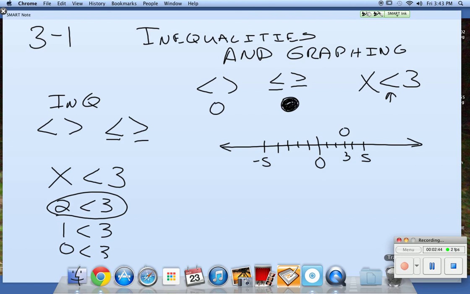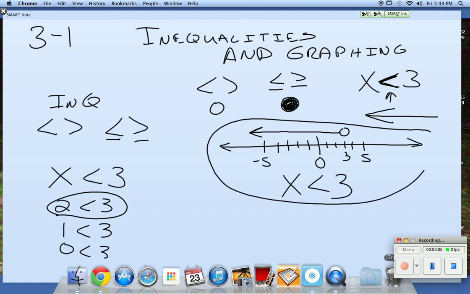Now, if you watch this sign, which way is this arrow pointing? This arrow is pointing this way, correct? So from this point, we're going to draw an arrow. What we've just done is graph x is less than 3. This is a graph of x is less than 3 on a number line.